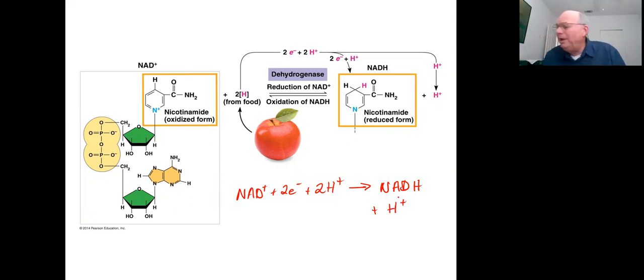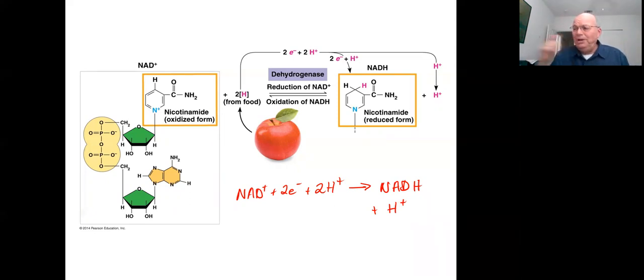And the reason why we have 2 hydrogen ions, even though only one of them attaches to the NAD+, is because that's the way the chemistry pans out. And it means that we need an NAD+ on the right-hand side to make sure that everything that's on the left-hand side is on the right-hand side. In other words, we conserve everything.